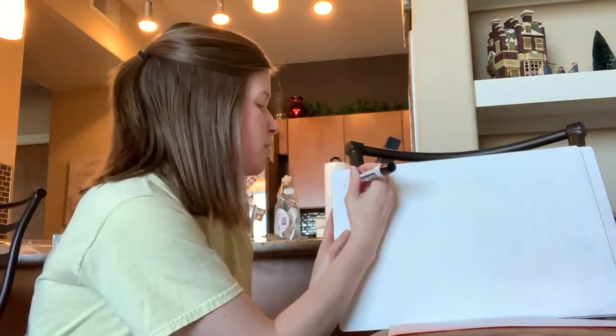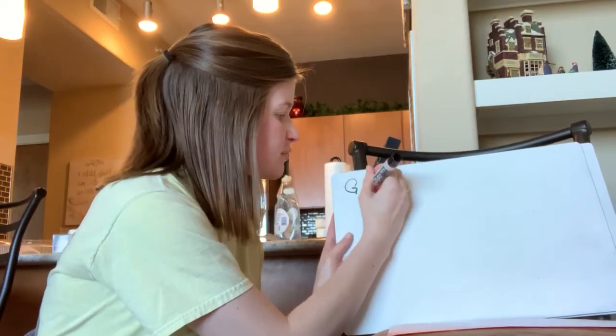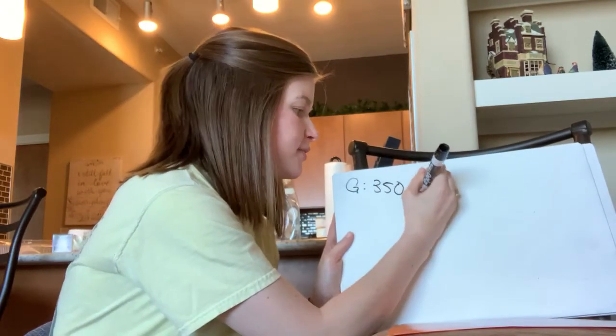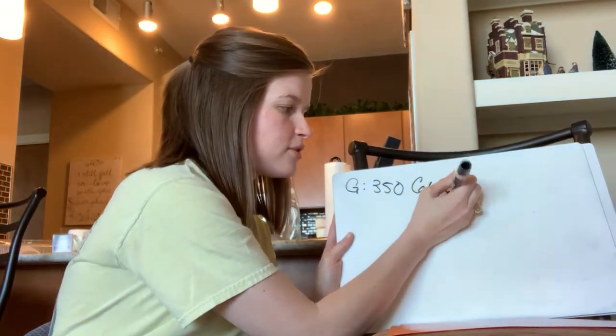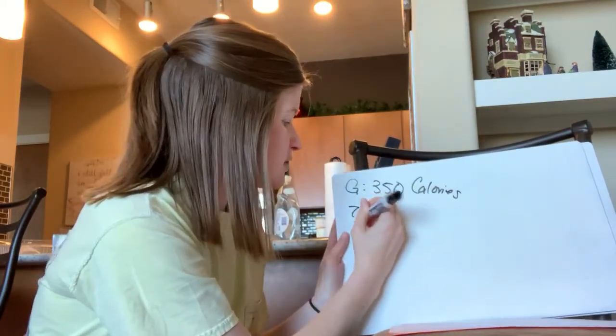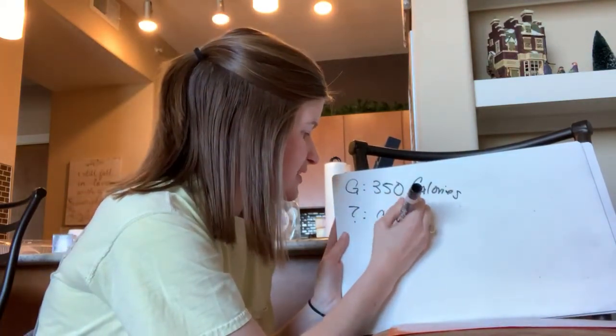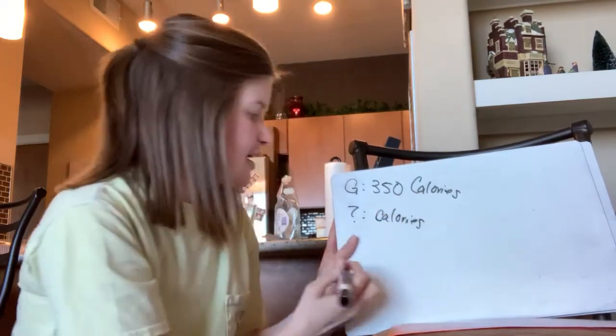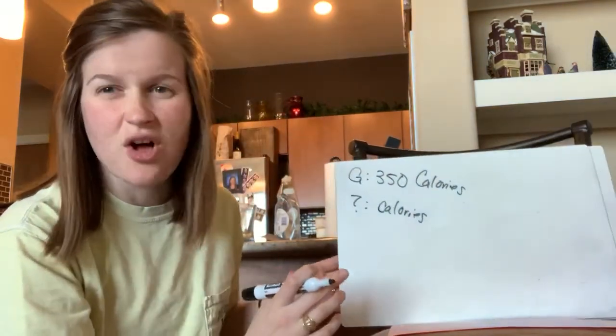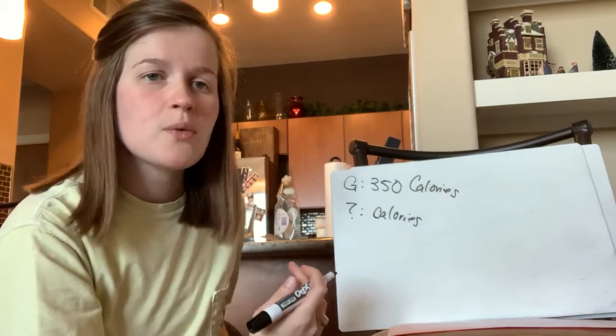How many calories is that? How many joules is that? So what I'm given is 350 capital C calories, which is actual food calories that we use all the time. And it wants to know how many normal calories, lowercase c, it is. And then there's a second problem. It wants us to also solve for joules. So we're gonna do one at a time.